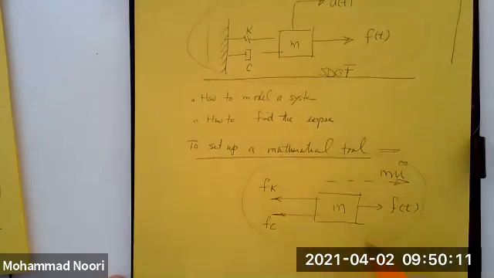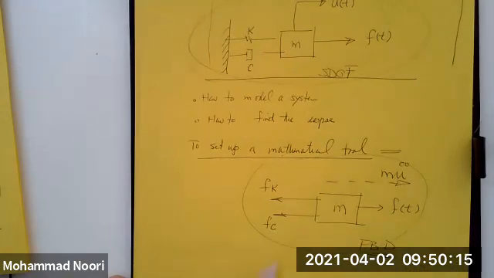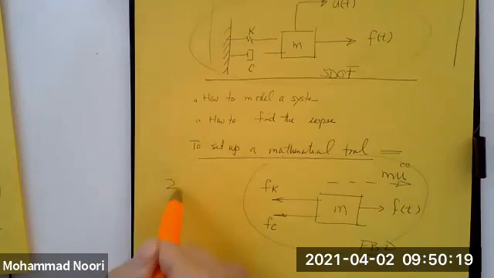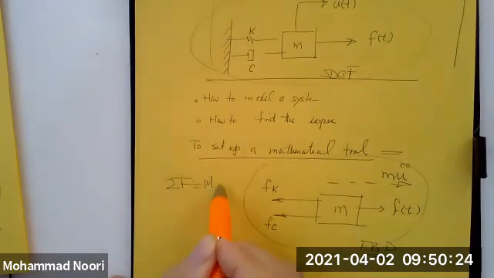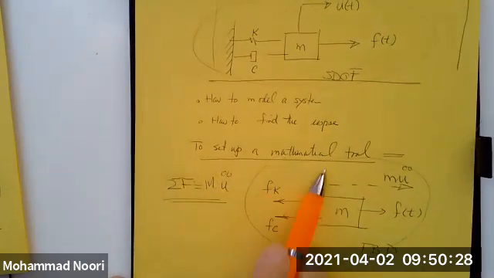And this is the free body diagram. Once we set up this free body diagram, by writing the second law of mechanics, we can find the mathematical tool that we need. But before doing that, let me tell you this.